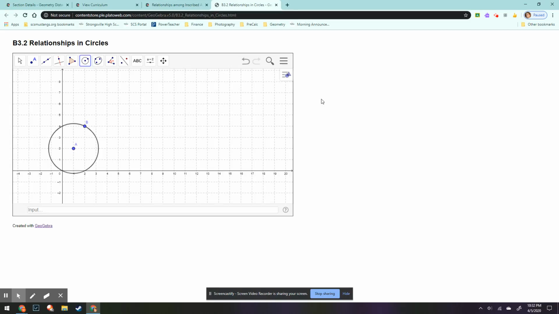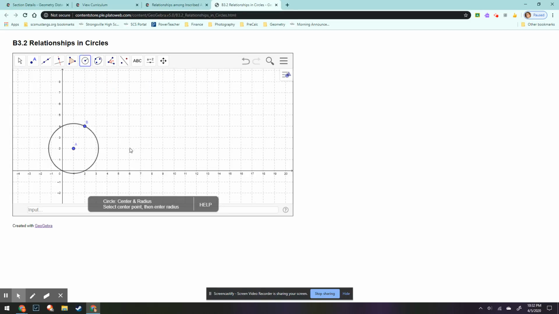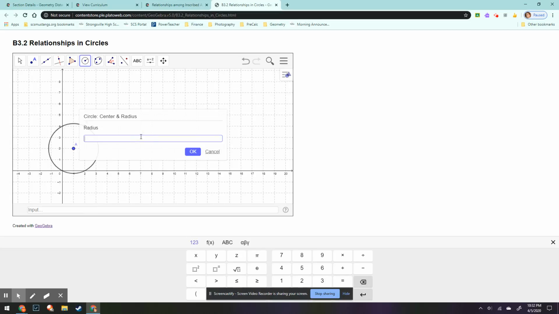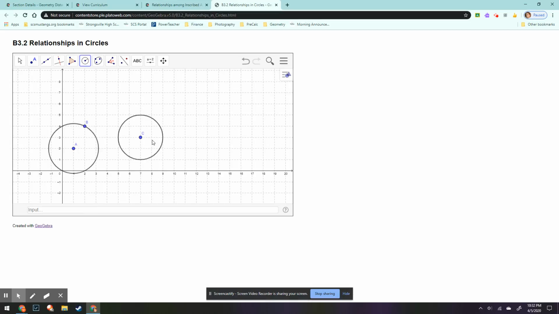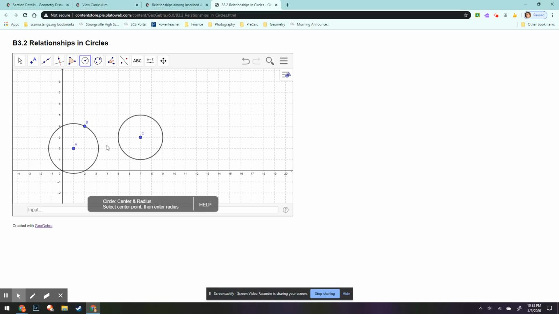Okay, so you'll notice that I didn't actually use the radius. I could do that. I could do a circle with a center, and then I pick the radius. So like I could put the center here, and I could say like let's make the radius 2, and it's going to draw the circle. The only difference is when I did the circle with center through point, it already put the point B on there.